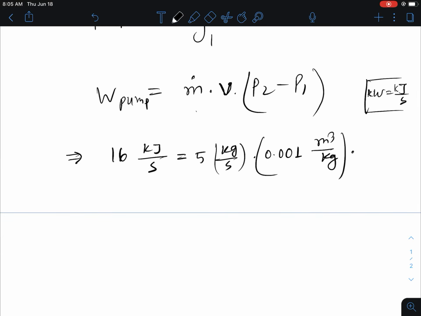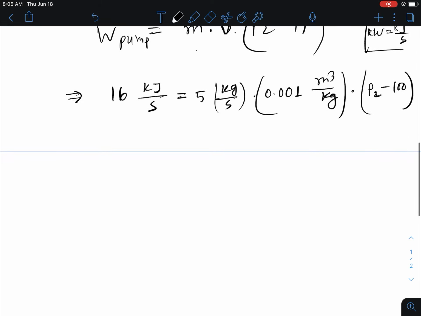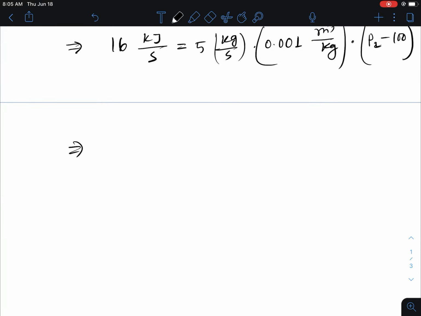And the pressure change, P2 minus P1, and P1 is 100 kilopascal, right? So we have all of those terms now. So if we solve this problem, then we'll get P2, right?